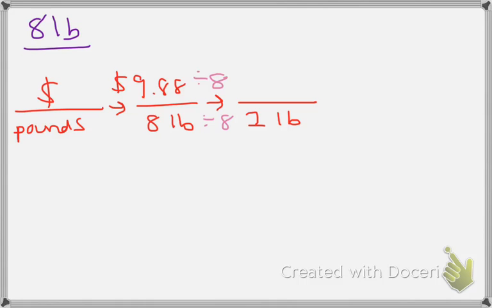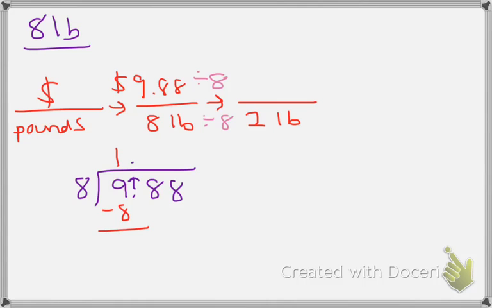Then we have to do our division. So we'll go down here. When the decimal's on the inside, remember to bring it up. Now 8 goes into 9 once. 8 times 1 is 8. 9 minus 8 is 1. Bring down the 8. Now it goes into 18. 8 goes into 18 twice. 2 times 8 is 16. 18 minus 16 is 2.